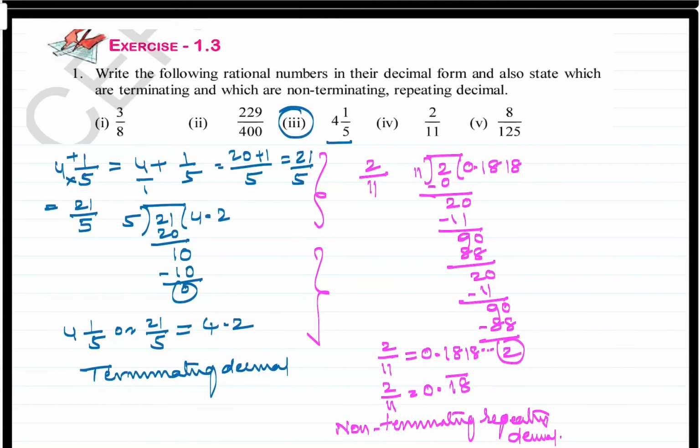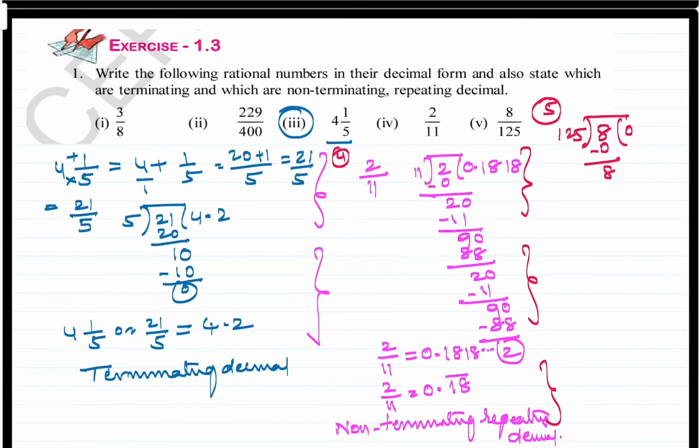Okay, that was the fourth one. Now I am going to do the fifth one. The fifth one is 8 upon 125. 8 divided by 125. 125 zeros are 0, so the remainder is 8.